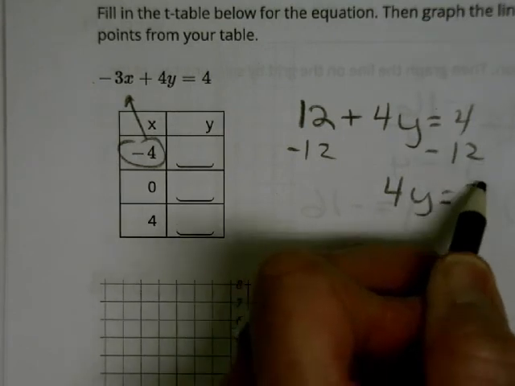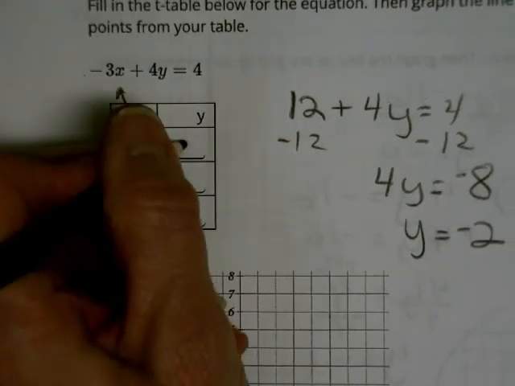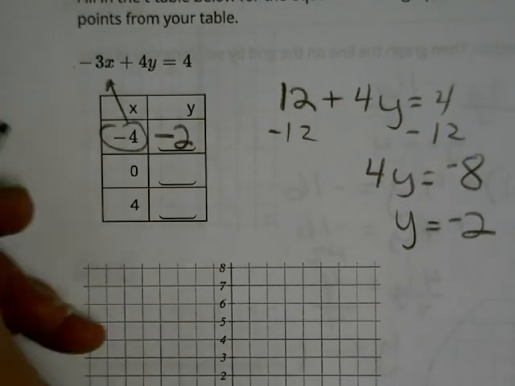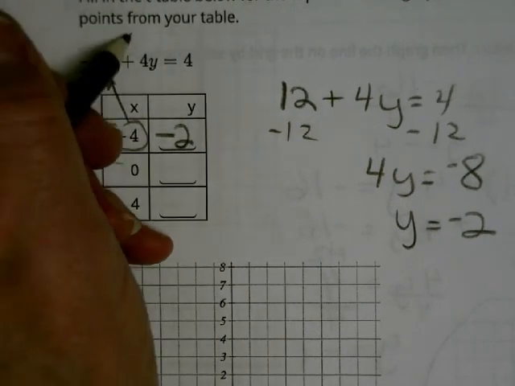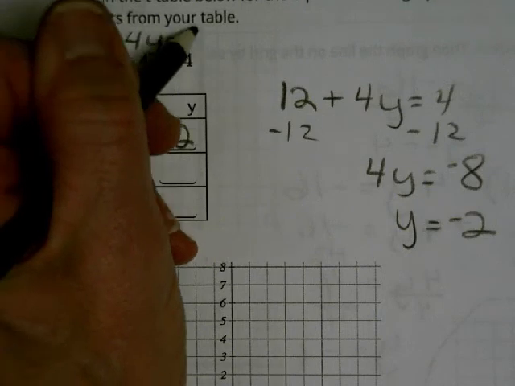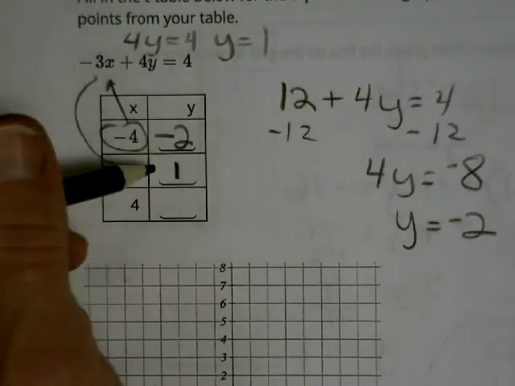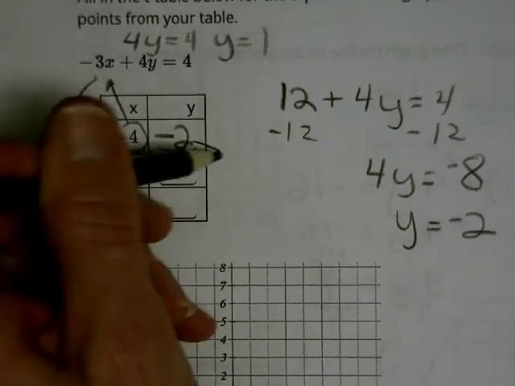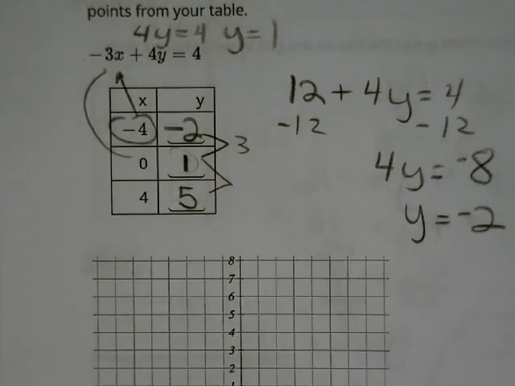So we're plugging in negative 4. So I get 12 plus 4y is 4. 4y is a negative 8. So y is a negative 2. Put a 0 in there. I get 4y is 4.